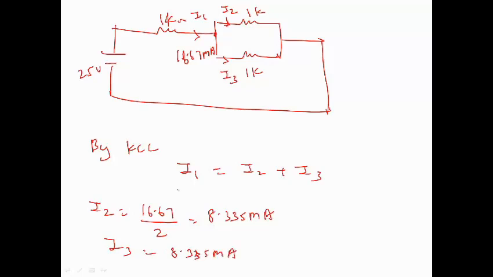So the current coming at this node, 16.67 milliampere, is getting divided as 8.335 milliampere and 8.335 milliampere. If you add these, your KCL is verified.